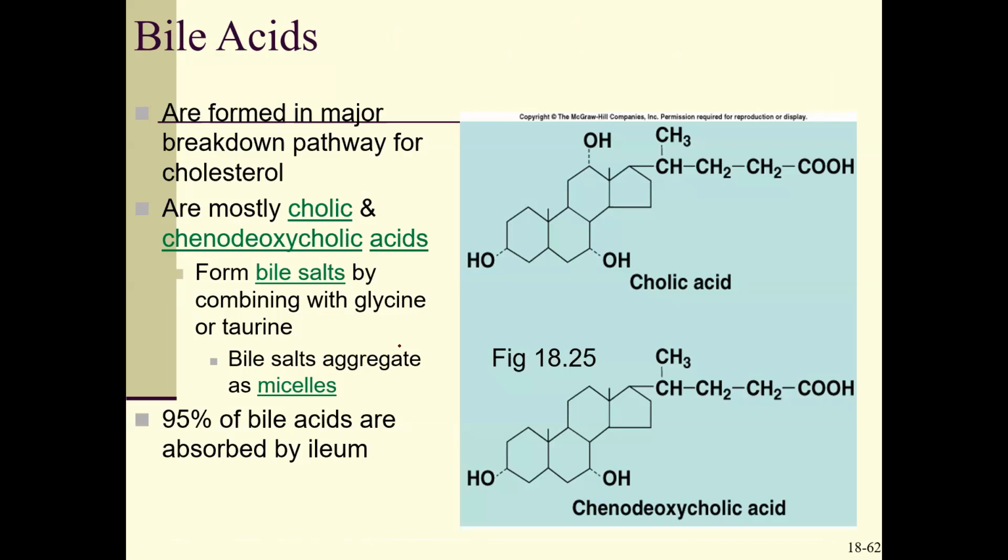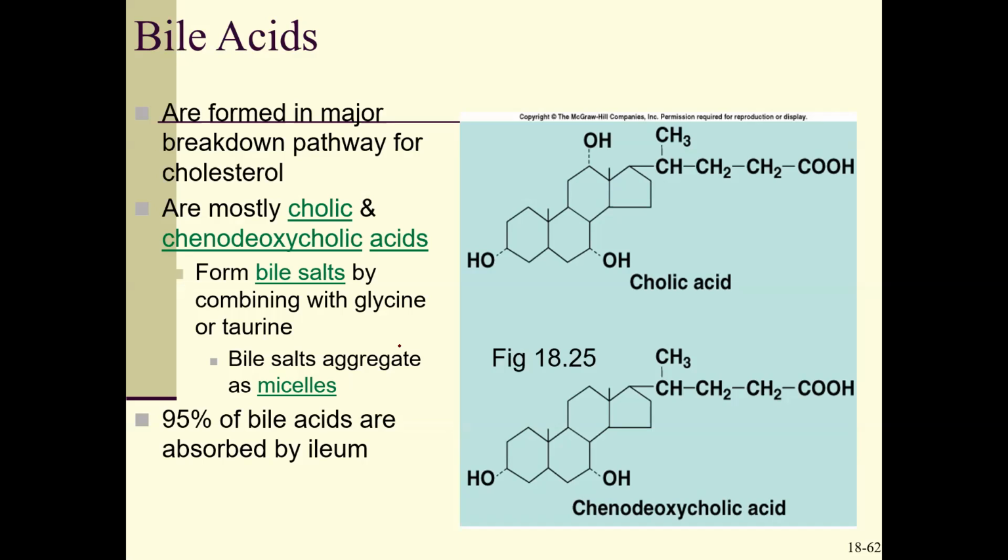And then cholesterol is used to make bile salts. They're conjugated to either glycine or taurine. So the cholesterol is converted either to cholic acid or chenodeoxycholic acid. Then you conjugate them to glycine or taurine to make glycocholic acid or taurocholic acid or glycochenodeoxycholic acid or taurochenodeoxycholic acid.